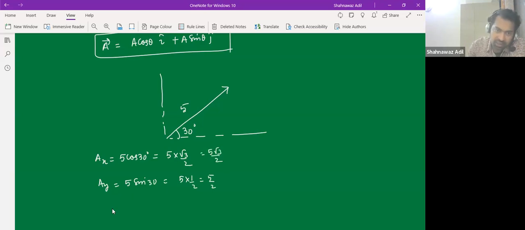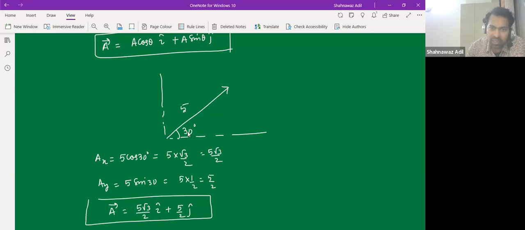So I can write the vector A as 5 root 3 by 2 i hat plus 5 by 2 j hat. I can write any vector whose magnitude and angle are given in the Cartesian form. This is very important. We will see how this comes in handy in solving some questions. So always remember.